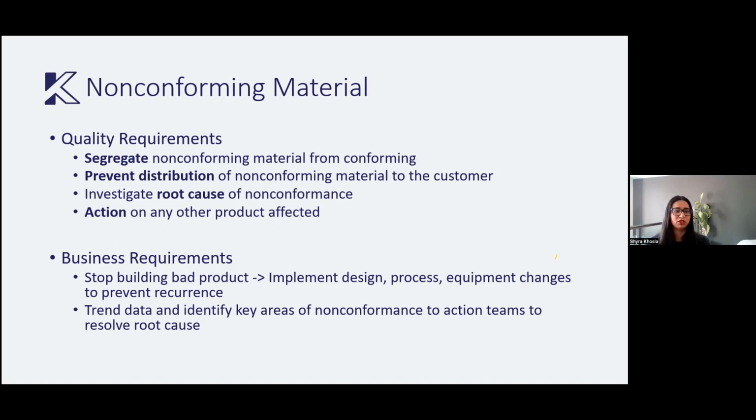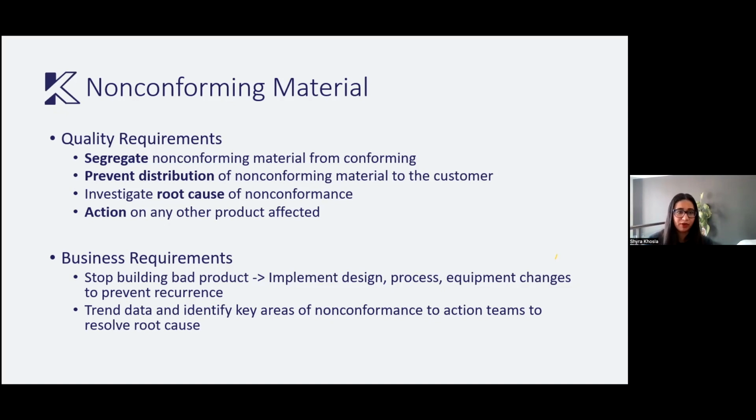They want to make sure that you don't send bad product to the field. Again, the whole concept is bad product causes harm, and we're not harming patients, we're not harming clinicians. So all of this is about segregating it. You want to make sure you don't distribute it to customers. So that's something auditors will always look at.